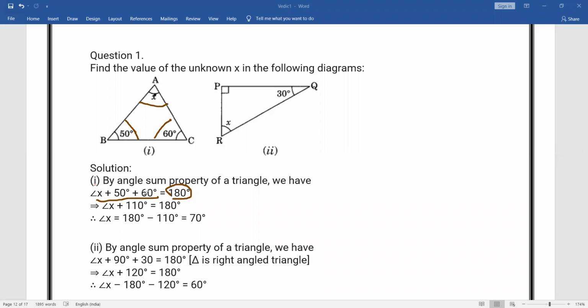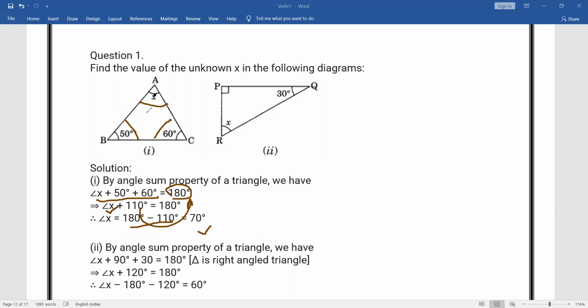So what will we do? We will add them. When we are adding 50 and 60, the result is 110. For finding the value of X, we will transpose 110. When we are transposing it, the sign is negative. So when we are subtracting 110 from 180, the result is 70.